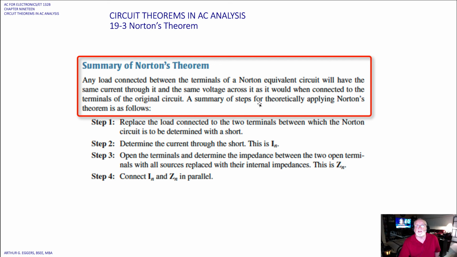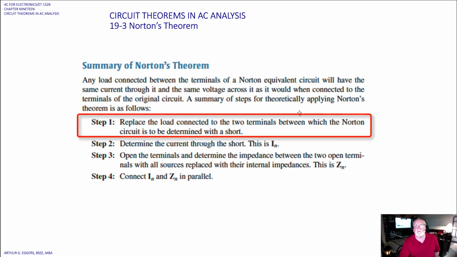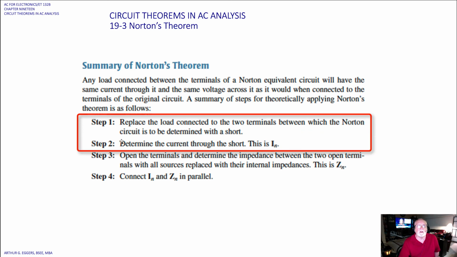The summary of the steps then for theoretically applying Norton's theorem are as follows. So again, this should be something you put in your notebook, keep it for future use. Step 1, replacing the load connecting to the terminals between which the Norton circuit is to be determined with the short. Step 2, determine the current through the short. This becomes I Norton.